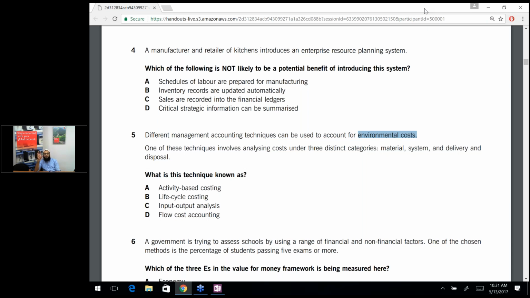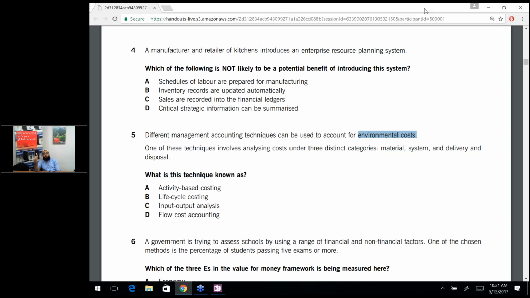Now remember, ABC breaks the overheads. In those overheads, there are general overheads as well. In those general overheads, there is environmental cost. The question comes, what is environmental cost?